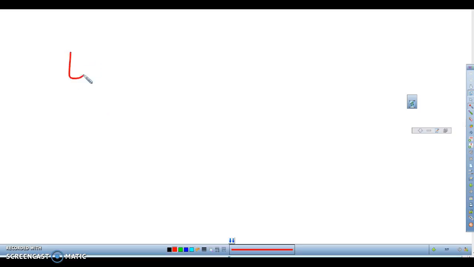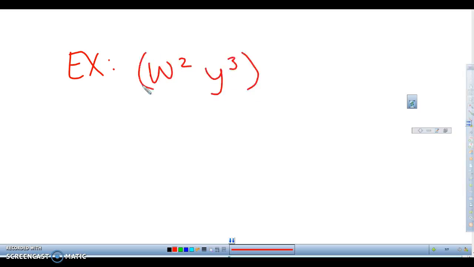So I know this example has letters in it. You can still do it on your own. Okay. What if I have 2x to the 4th and I'm trying to raise that to the 5th? Well, do I just multiply the 5 times the 4?